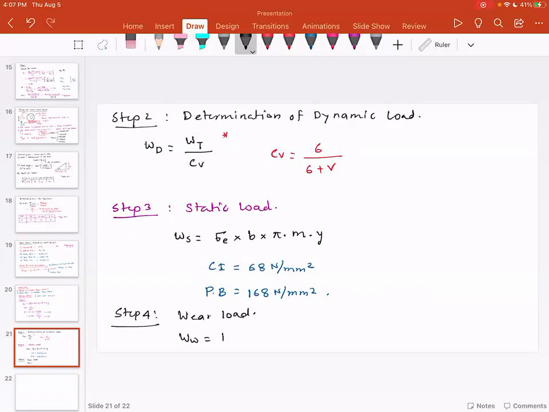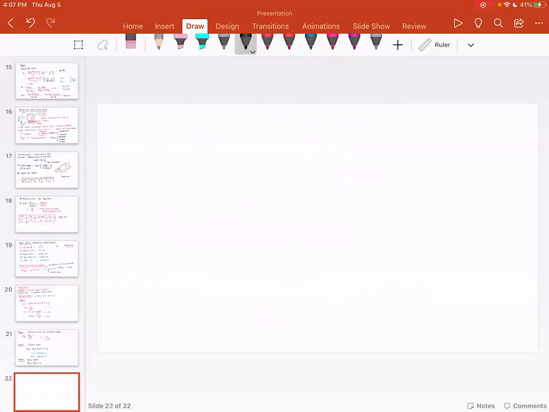WW is equal to DG, which is the diameter of the gear, multiplied by B multiplied by K, where DG is the wheel diameter, B is the width, and K is the load stress factor.